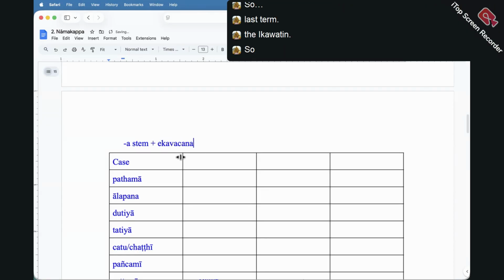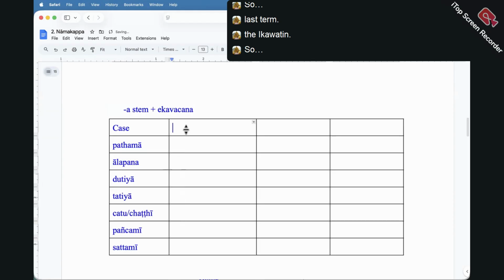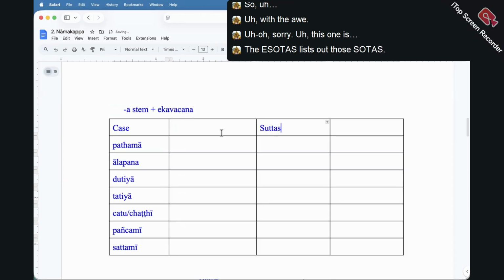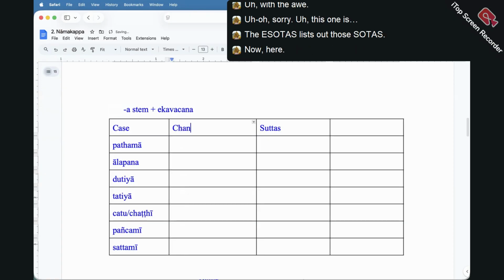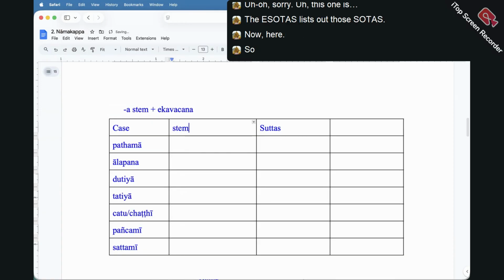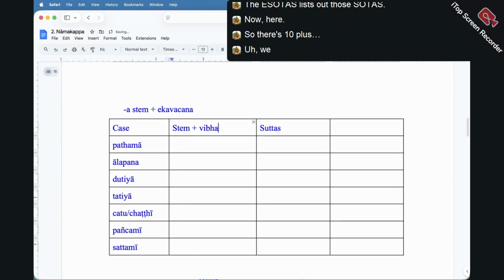Okay. So now that R, so R with the O. Sorry. This one is here suttas. List out those suttas. Now here, so it's 10 plus Vibhati.